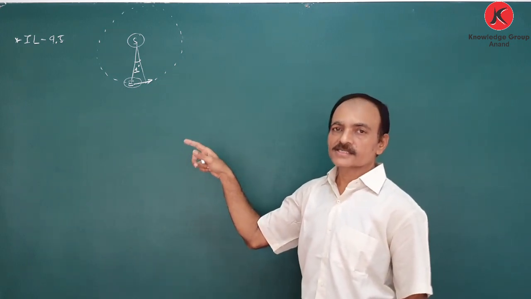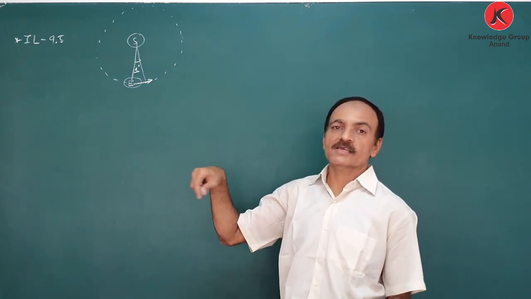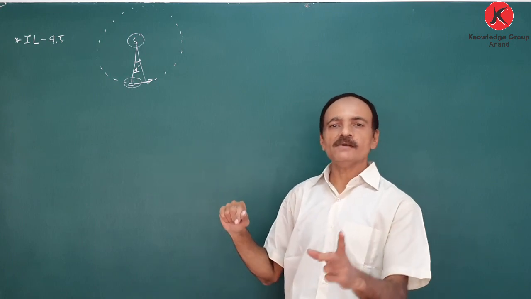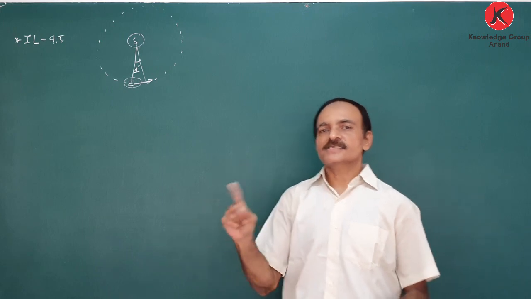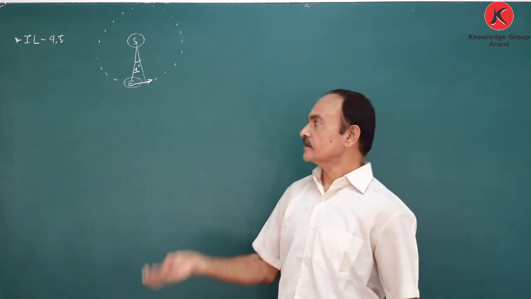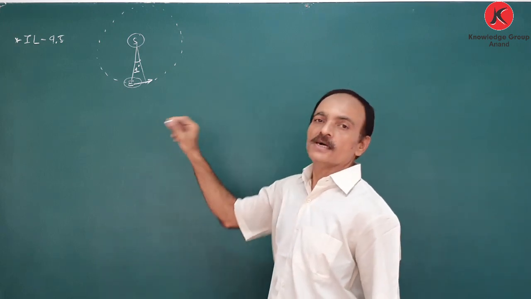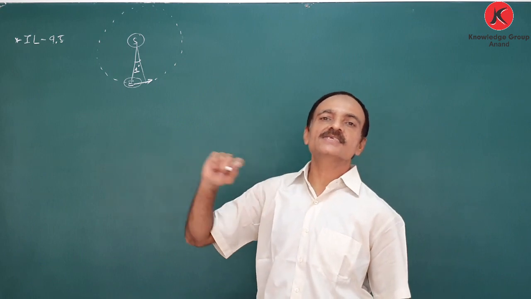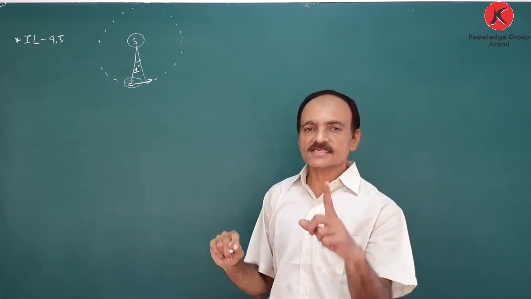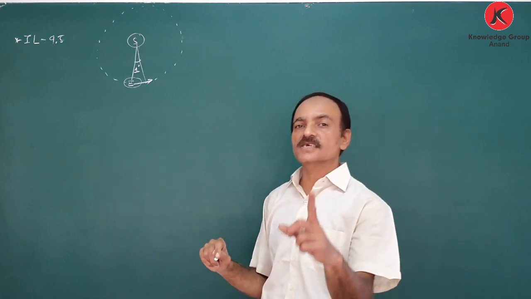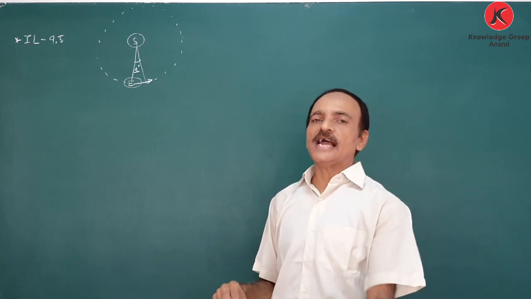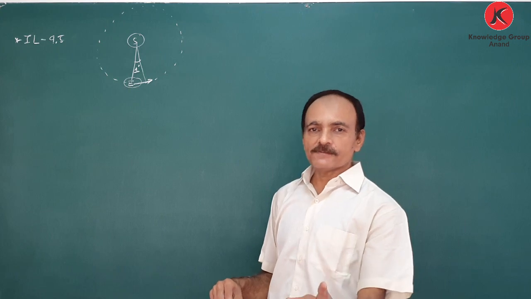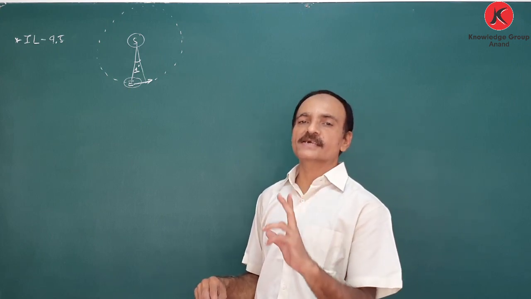We know that the Earth rotates about its axis in how much time? 24 hours. That means the Earth takes 24 hours for 360 degrees. If the sun is observed from the surface of the Earth, calculate the time for the shift of the sun by 1 degree.